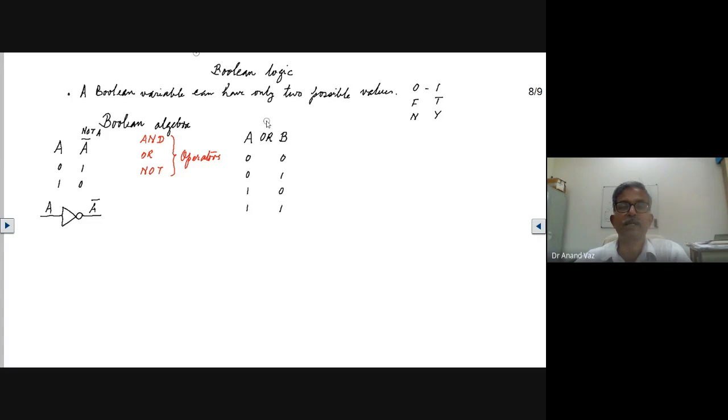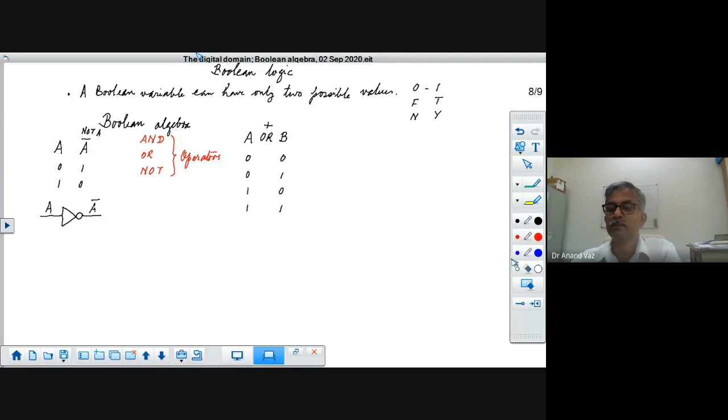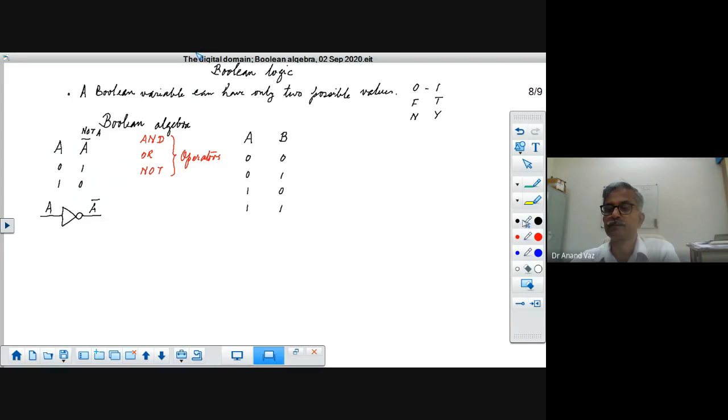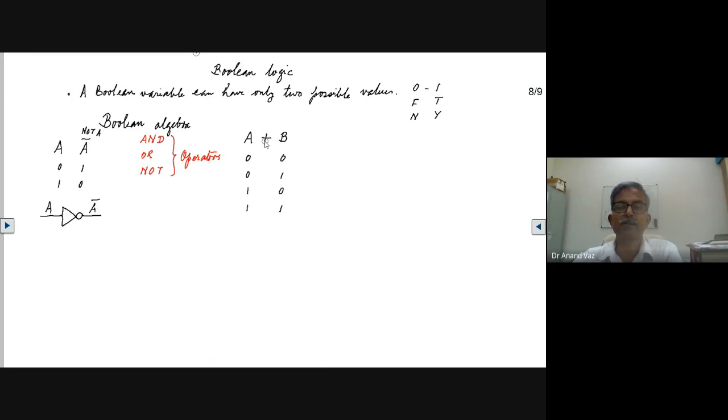Instead of writing it as OR, we can use the plus sign here. So A or B. We can use a plus sign, and this plus sign denotes the OR operation.